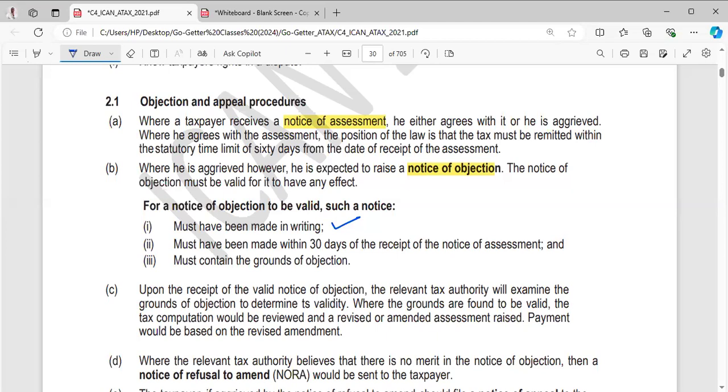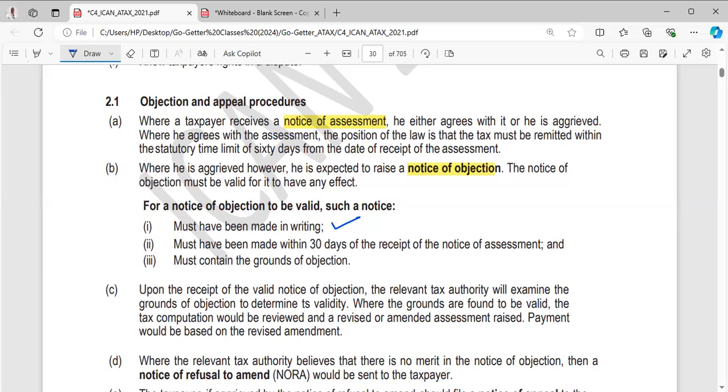You don't just storm the office of the FIRS and say, how dare you give me this notice of assessment? I object to it. No, no, no. This is not fair. This is not what you're supposed to do. You are doing that all orally. That is not valid. What is valid is take your pen, put it down on paper, write a valid objection, and send it to them. So it must be made in writing.